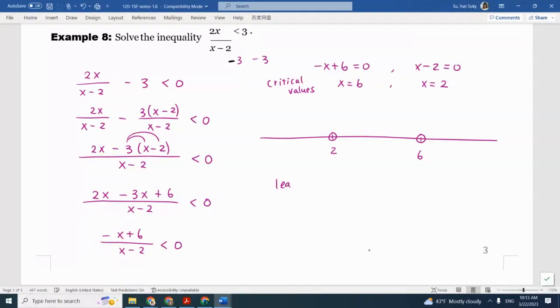So now continue. Leading coefficients. You look at this one, and you look at the leading coefficient of each factor. Here, what's the leading coefficient? Negative 1. Here, what's the leading coefficient? 1. So you look at this form as minus 1 over 1, which is negative 1.